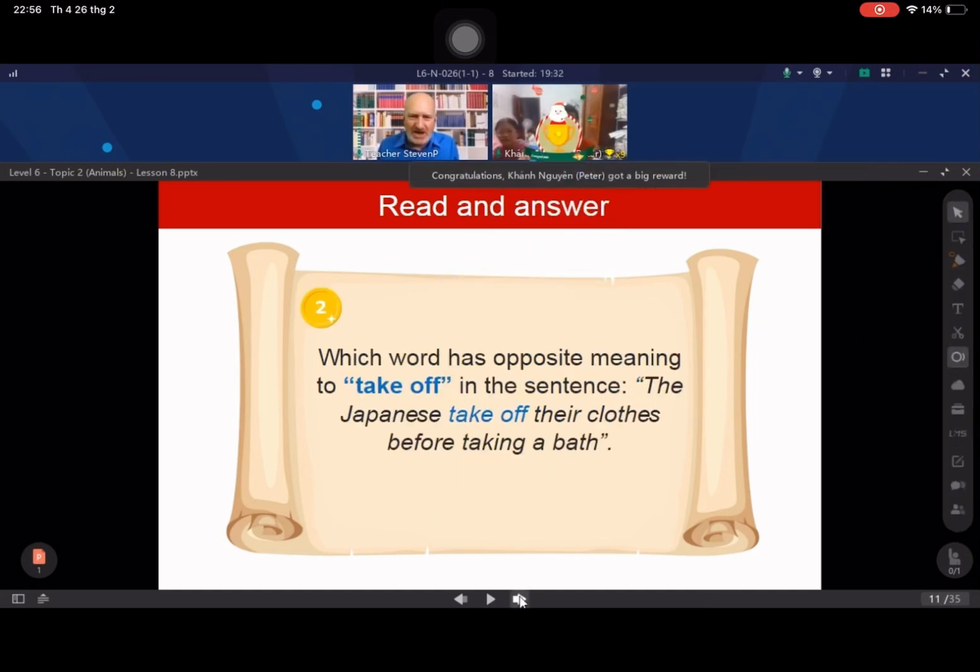Okay, so Mia, let's try number 2. What was another... Take out this sentence. So the opposite of take off. The opposite of take off your clothes.